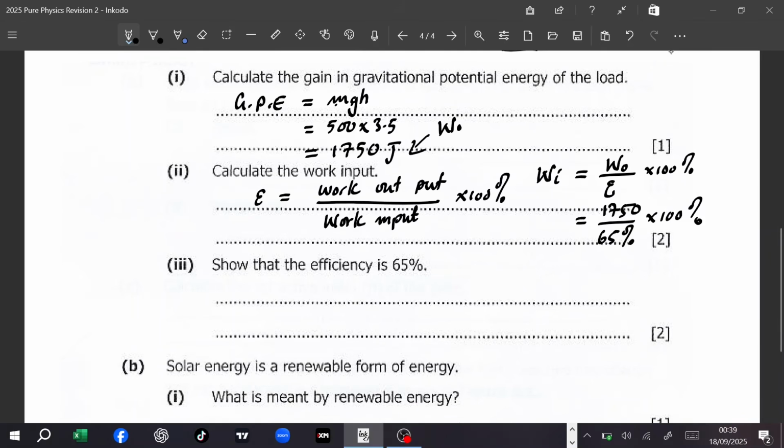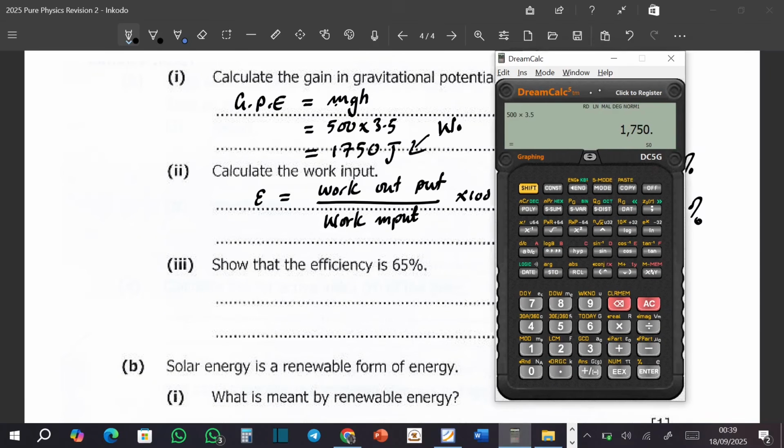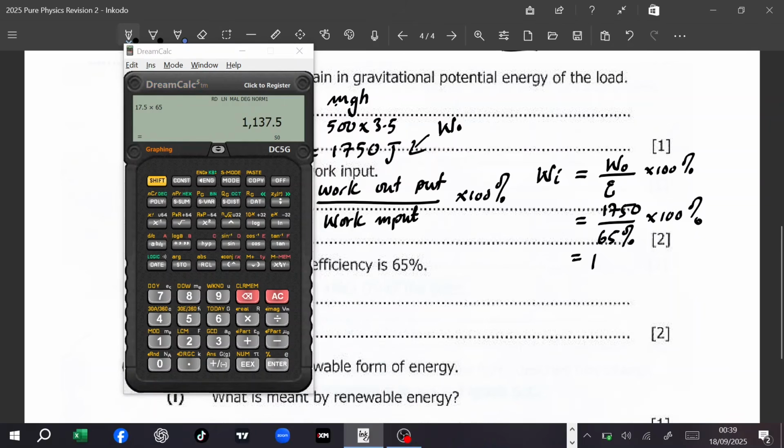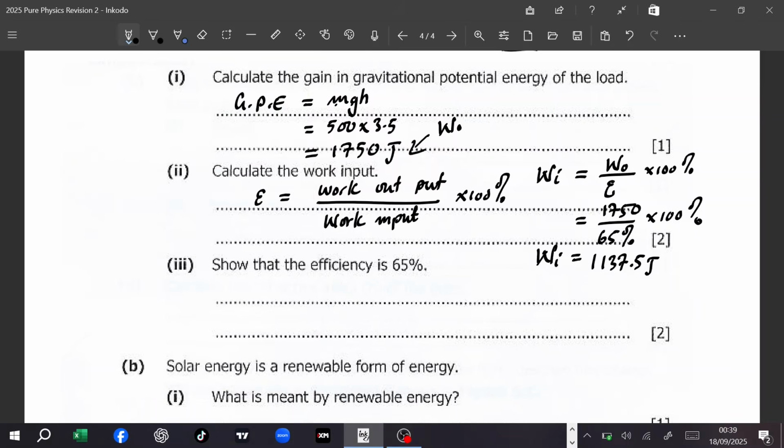If we do the calculation, we get 1137.5 joules. So this one will be the work input. That's the answer.